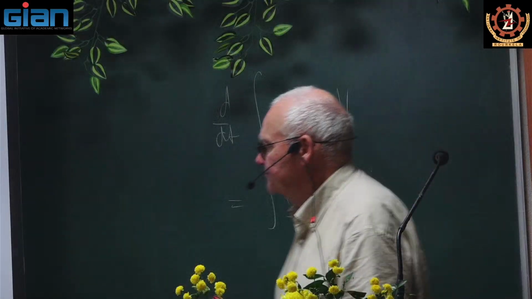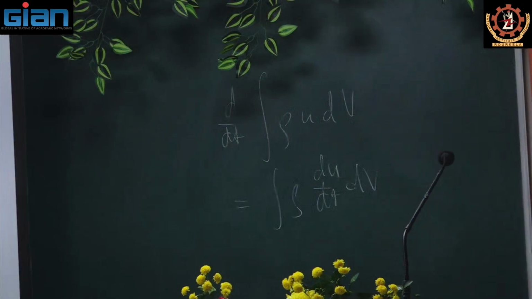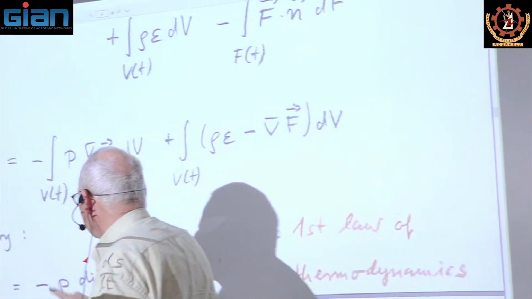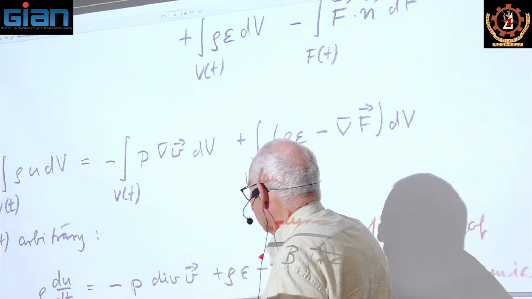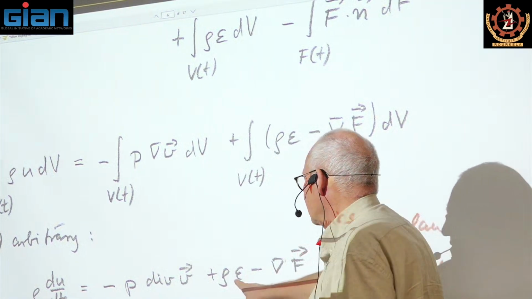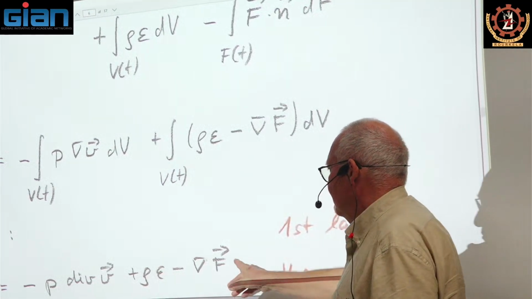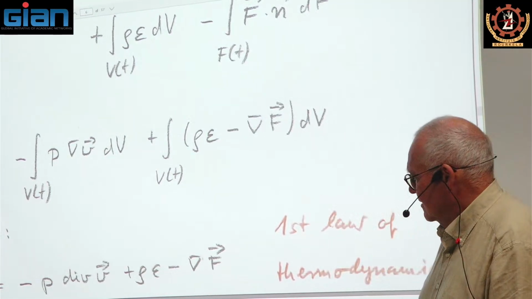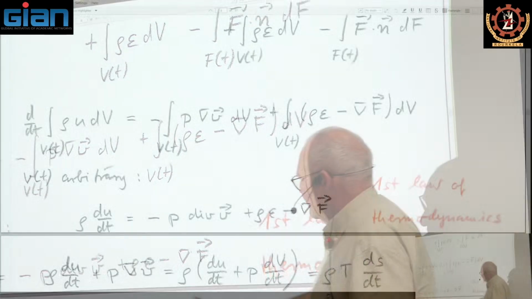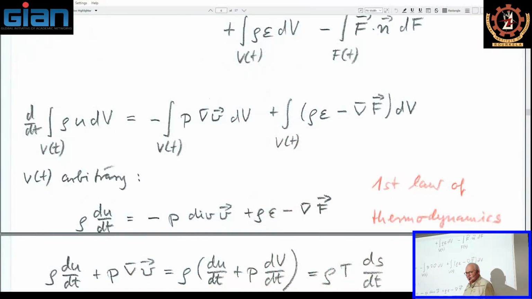Okay, so we have rho times du by dt is minus p times the divergence of the velocity field plus rho times the energy generation minus the divergence of the flux. So what you see here on the right-hand side, these two terms, this is the energy put into or taken out of the system by energy generation and the divergence of the heat flux.